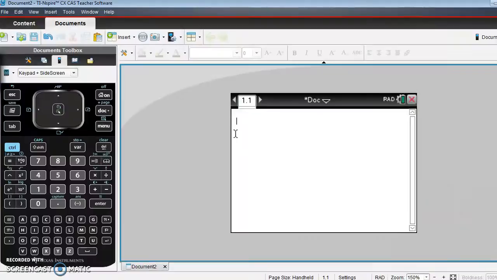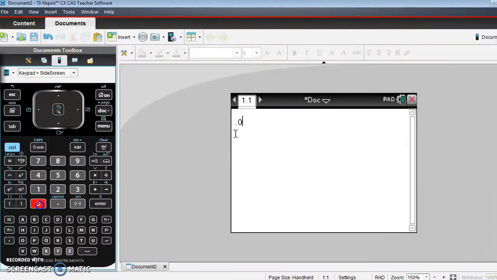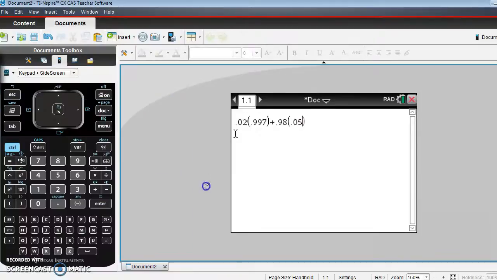So let's take a look at this. It would be 0.02 times 0.997 plus 0.05 times, oh wait, no, my bad, 0.98, and then the false positive is 0.05, I think.